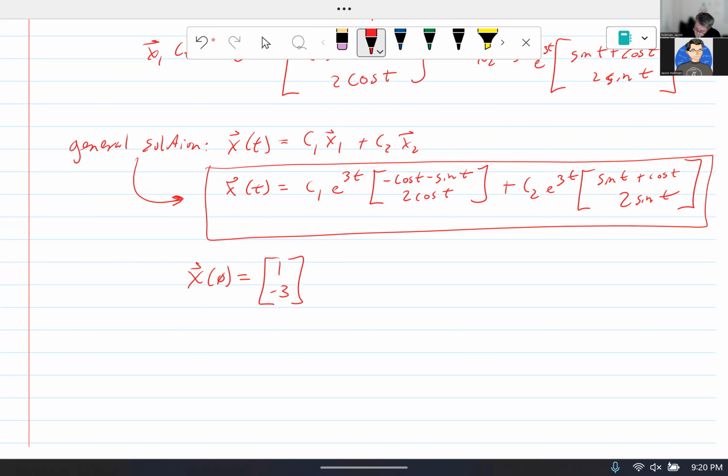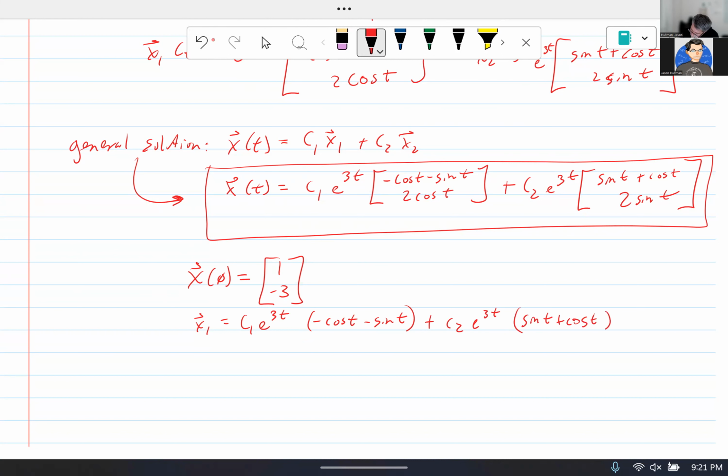So x1 is equal to c1 e to the 3t times negative cosine t minus sine t, plus c2 e to the 3t times sine t plus cosine t.